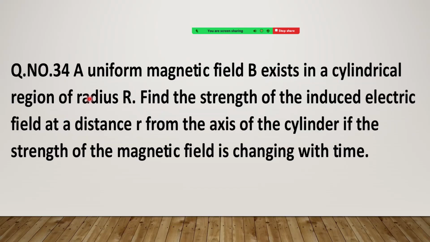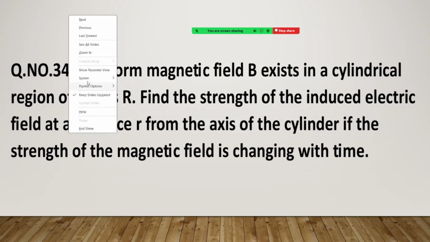See the first one. A uniform magnetic field exists in a cylindrical region of radius r. Find the strength of the induced electric field at a distance r from the axis of the cylinder if the strength of the magnetic field is changing with time.